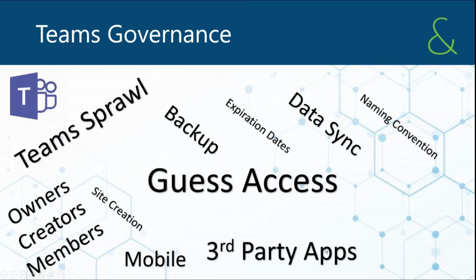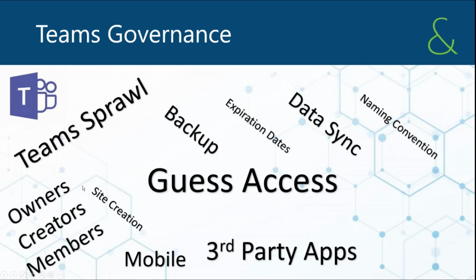Third-party apps: I checked this morning, and we're up to 985 third-party apps available in Teams. The great piece is that there's probably an app you're using for something else in your organization that's available in Teams. But if you don't control who has access to deploy those, people are going to be integrating data with apps and sharing your information outside your organization.